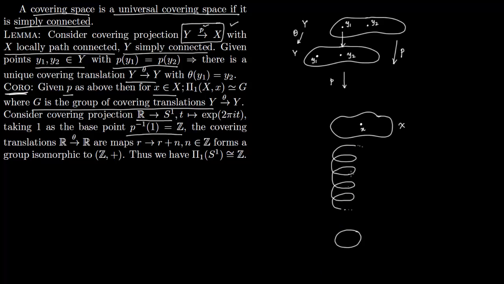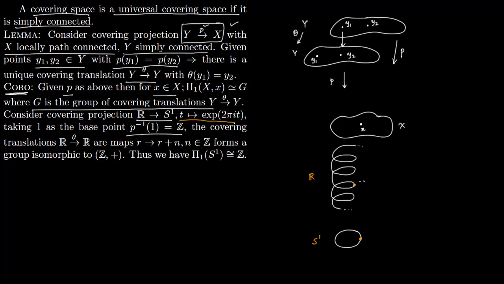So this is the covering projection. You have the real numbers here, and there is your circle S1, and this is precisely the map t to exponential of 2 pi i t. This will wrap the real numbers around the circle. Now P inverse of 1: you take 1 right here, and this 1 will get lifted here.